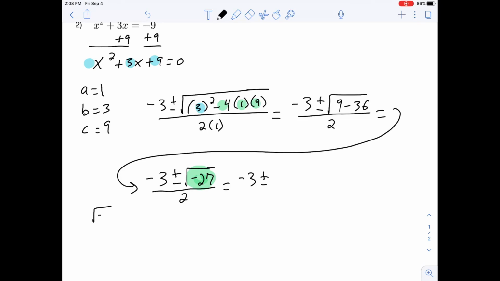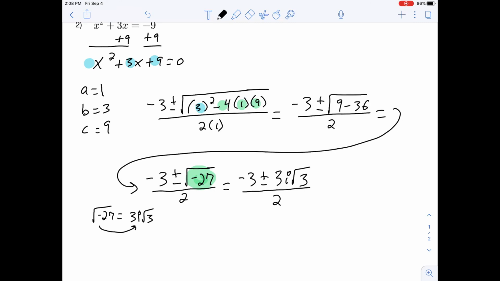So square root of negative 27. So again, the i is from the negative, and then 27 is 3 and there's the i square roots of 3. So this simplifies to 3i square root of 3. So 3i square root of 3 over 2.